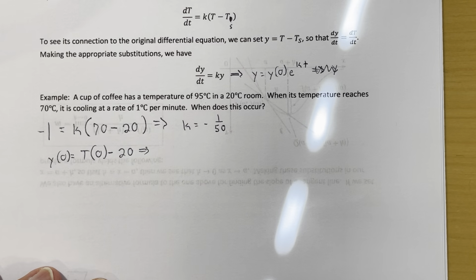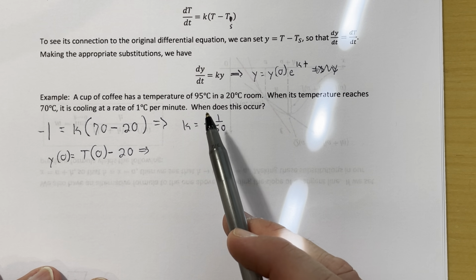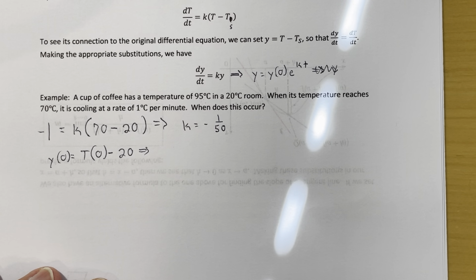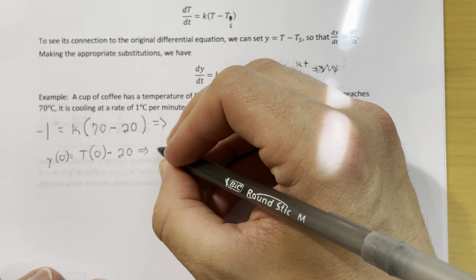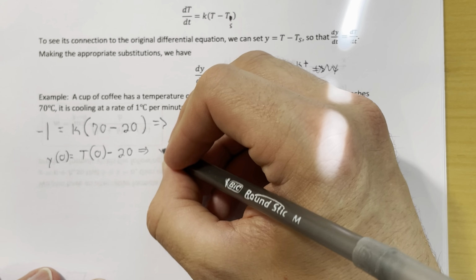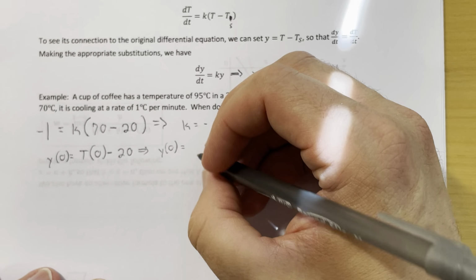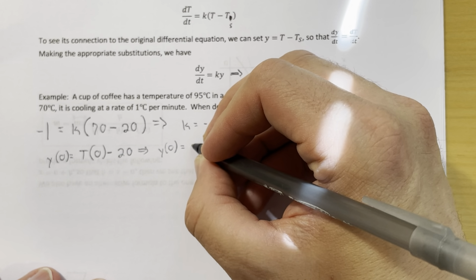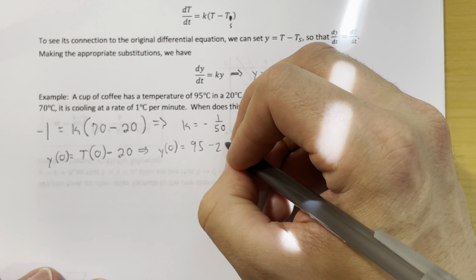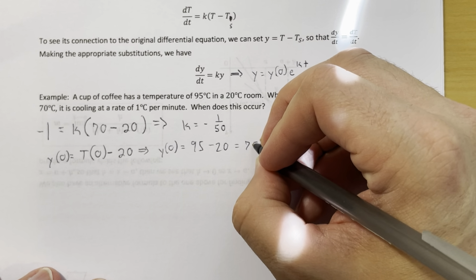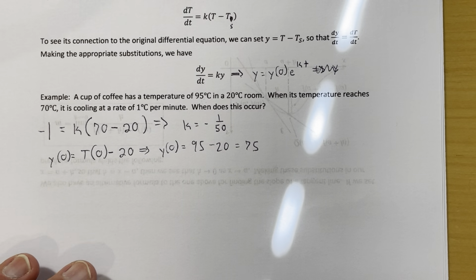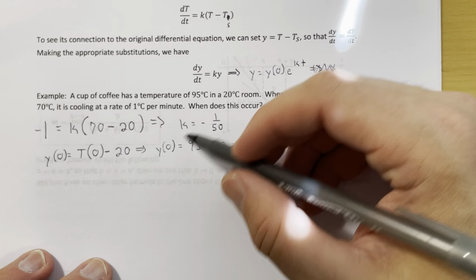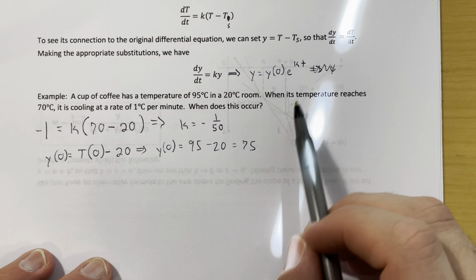T of 0, the temperature of the object at time 0, is the temperature of the cup of coffee when I first introduce it to these surroundings. So that's 95. So y of 0 is equal to 95 minus 20, which equals 75. Okay?